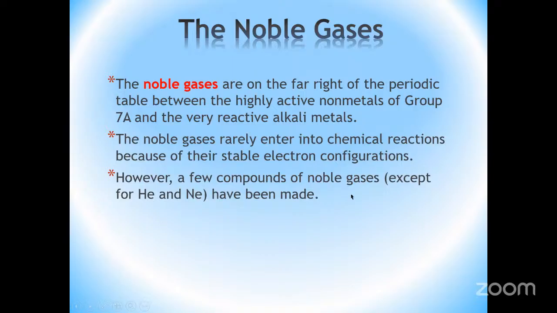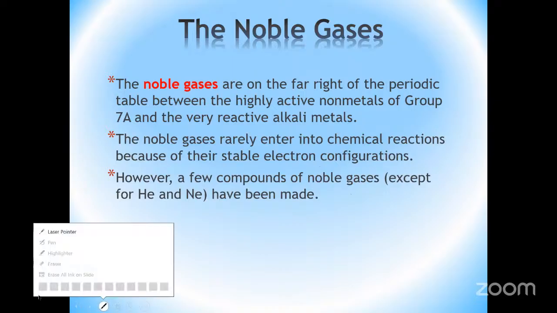But people have made compounds with xenon, like XeCl4, XeO4 2-. These compounds have been made, right? Argon, if I remember correctly, argon Cl something, I don't remember, but those compounds have been made, right?